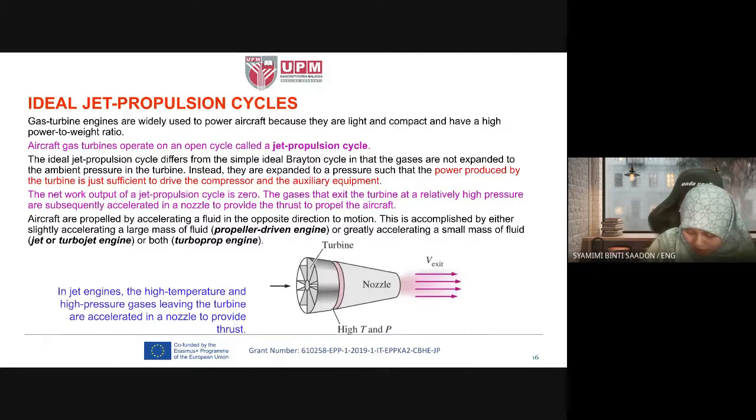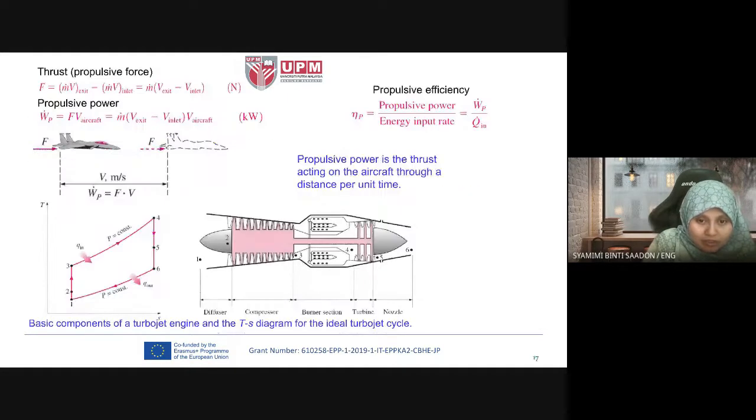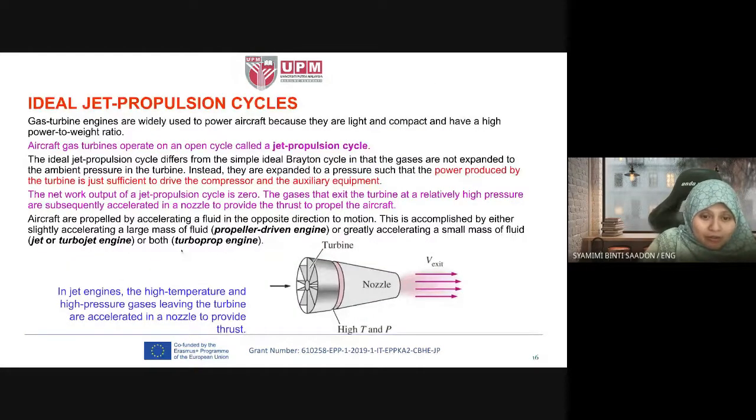So with the internal heat, the working fluid at high temperature and pressure exiting the turbine is converted to kinetic energy to propel the aircraft engine, accelerating a fluid in the opposite direction to the motion.